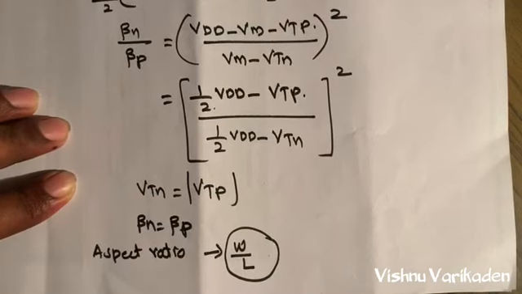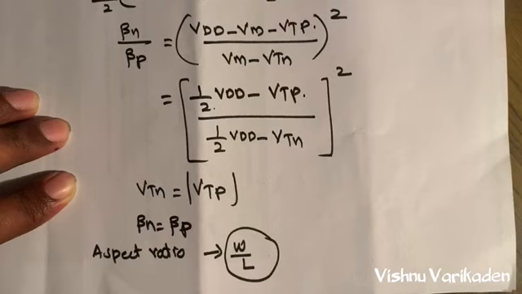This is all about the DC analysis of the CMOS inverter, the DC characteristics. So we can conclude that in the DC analysis we can determine the logic value, noise margin, and VTC, the voltage transfer characteristic, and also define the VM point, that is the middle point voltage.